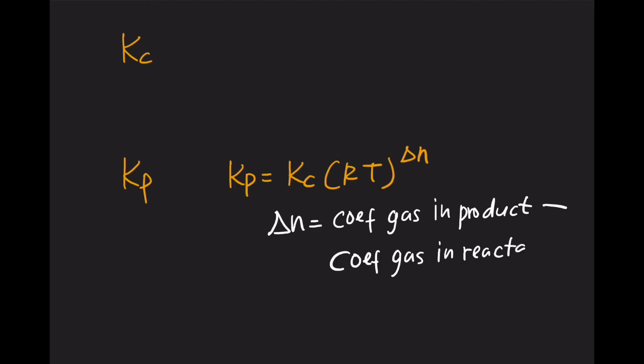So as you have seen in the thermodynamics chapter, just sum up all of the gas coefficients of the product and use it to subtract the sum of the coefficients of the gases in the reactant. So product minus reactant. So you can find the relation between Kp and Kc. R is, as usual, the ideal gas constant, and T is temperature in Kelvin.